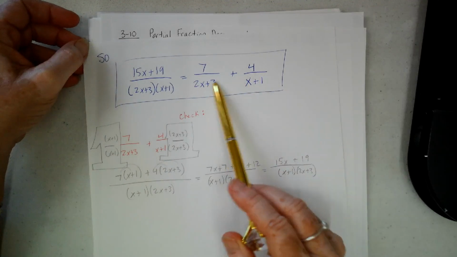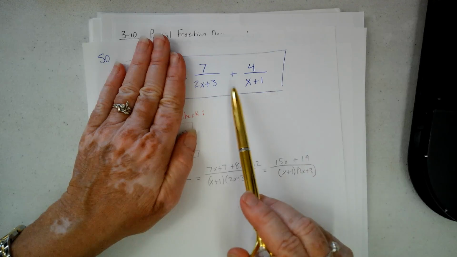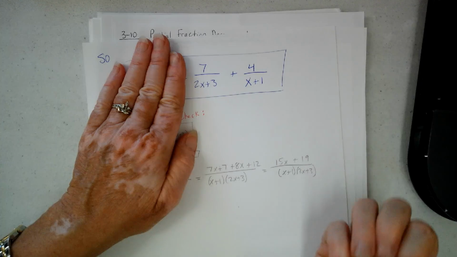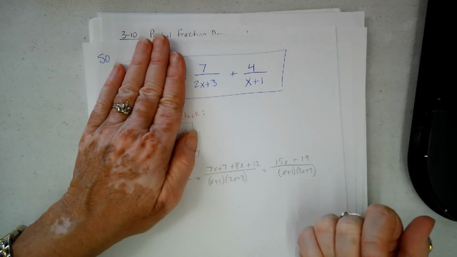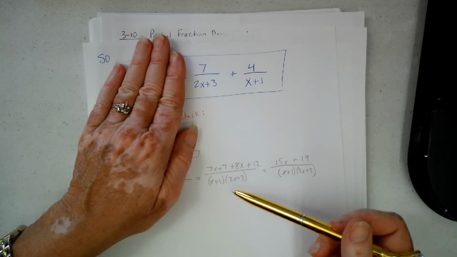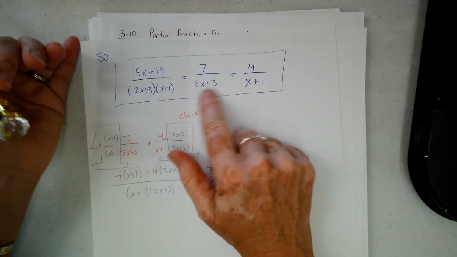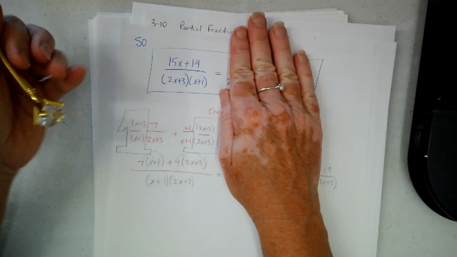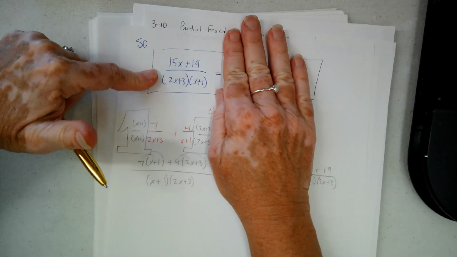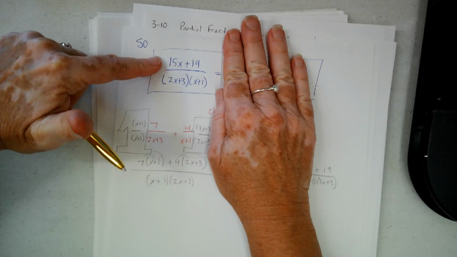You know how to add two separate fractions with unlike denominators by getting a common denominator, and then you can add them together. But sometimes it is necessary to pull them back apart again. So let's say you don't know what they were before you added them together, and you're given this and asked to decompose this.